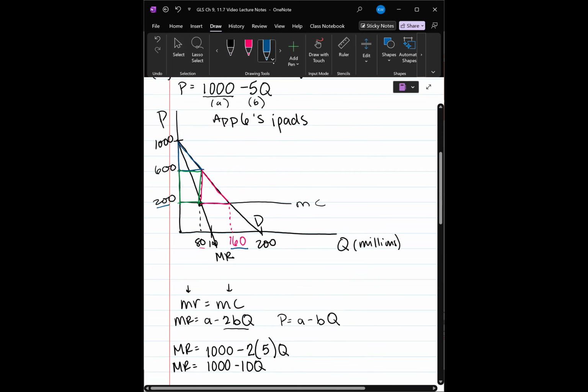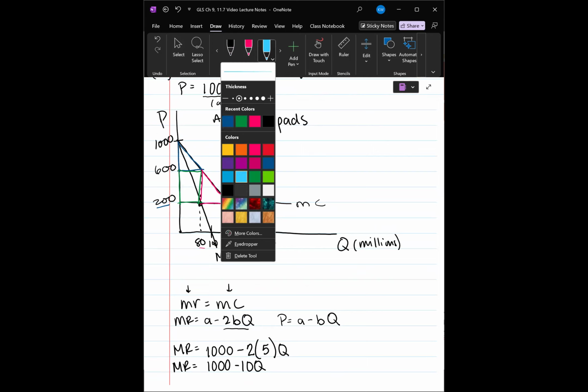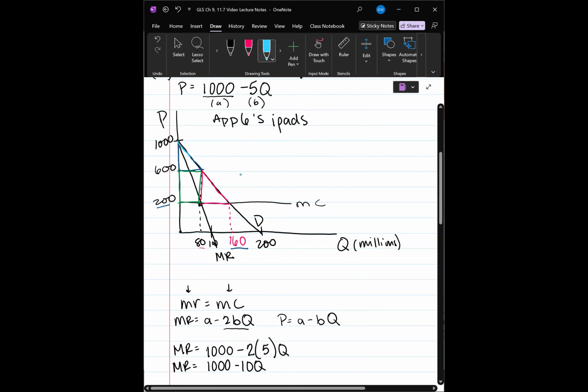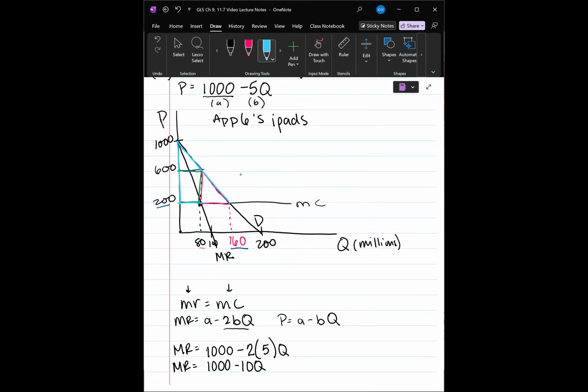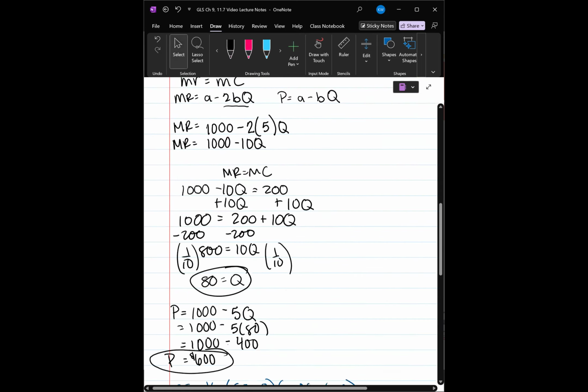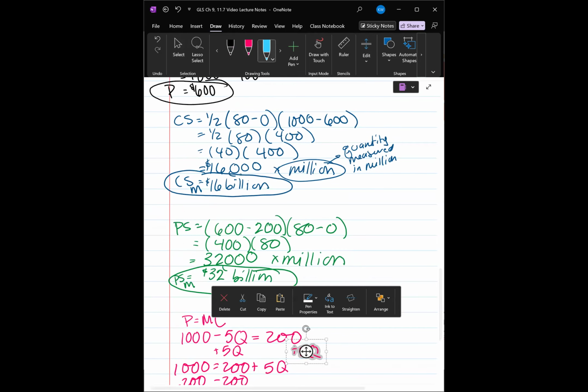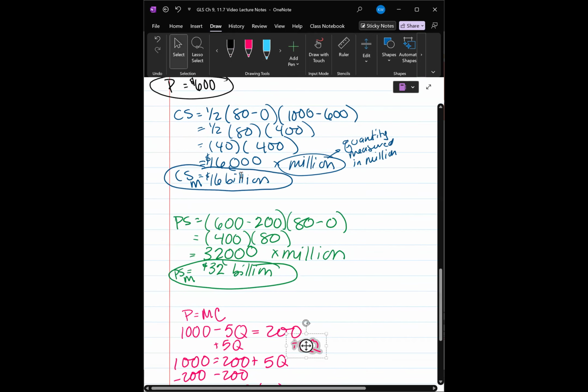So our consumer surplus is going to be much larger in this market. And in fact, it's going to be the entire market, right? That difference between the price that consumers pay and what they value the good at is our entire surplus here. So we could just add consumer surplus, producer surplus, and deadweight loss.